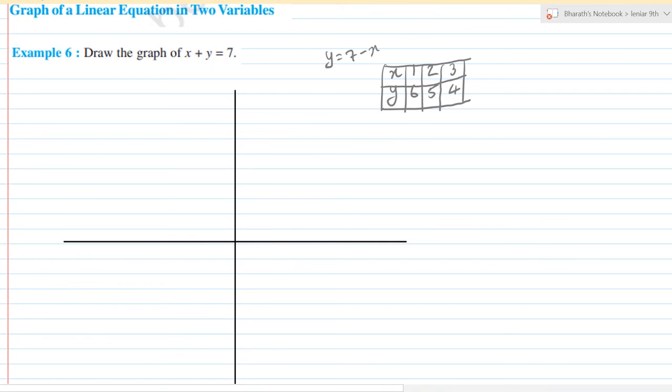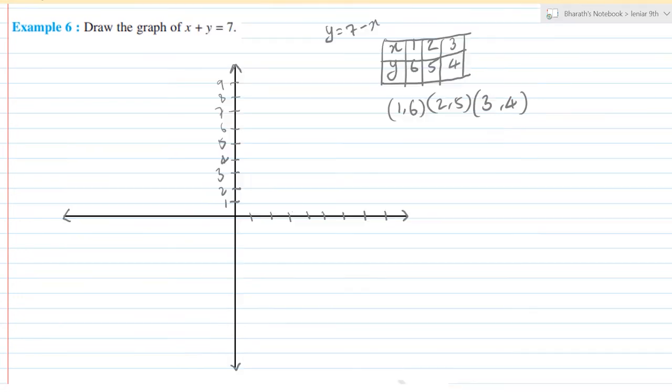Now plot it on this graph. Here it becomes 1 comma 6, 2 comma 5 and 3 comma 4. At minimum you have to take 3 points in this chapter. So here it will be like 1, 2, 3, 4, 5, 6, 7, 8.